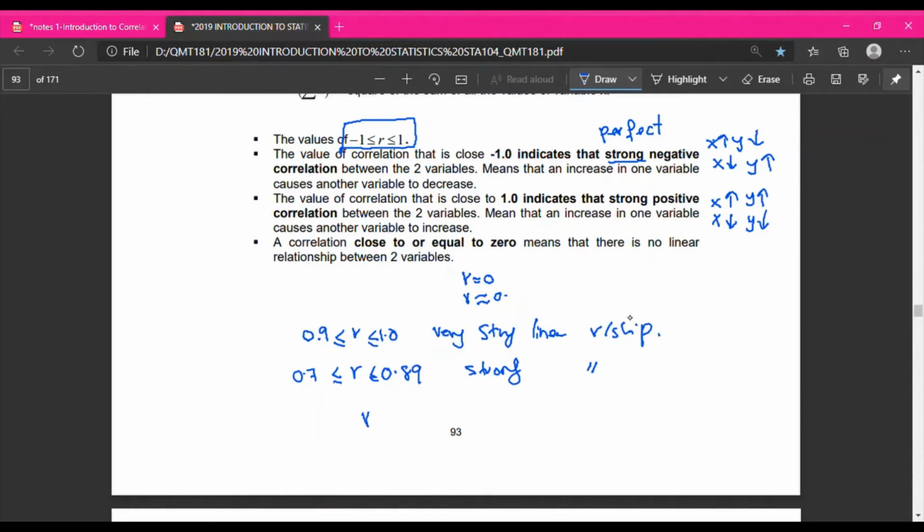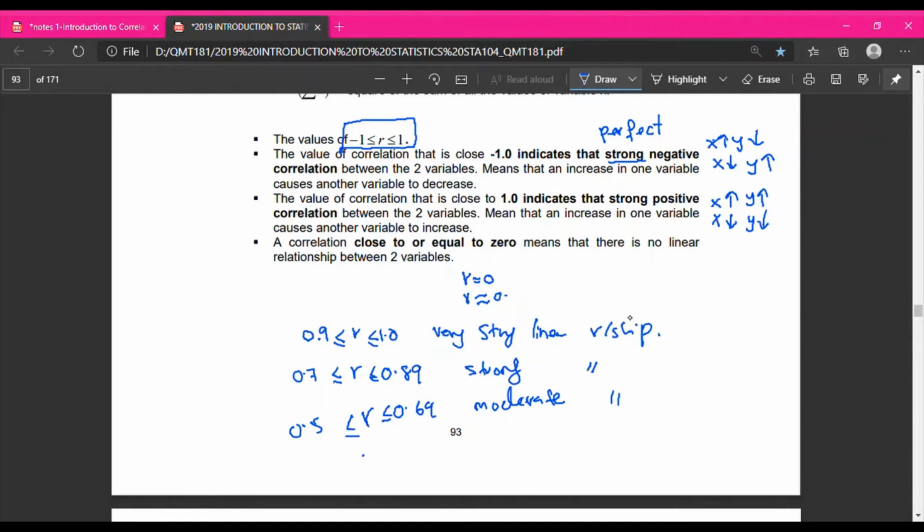Okay, when R is between 0.5 until 0.69, it is a moderate linear relationship.